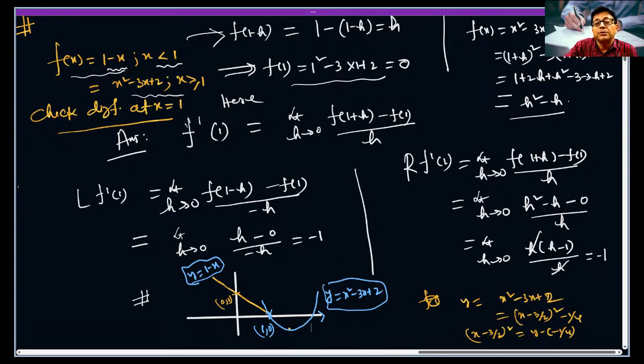Once more I would like to tell you, differentiability in an interval means the function will be differentiable at every point inside the interval. And polynomial functions and exponential functions are everywhere differentiable. And if two functions are differentiable, their sum and their product are also differentiable, but the quotient is possible only if the denominator is not equal to 0.